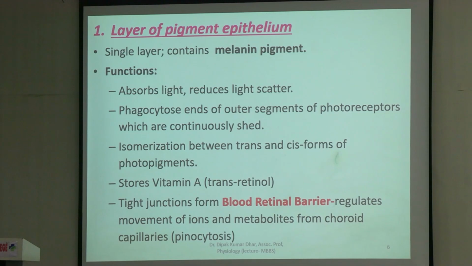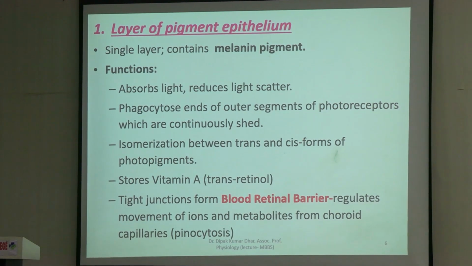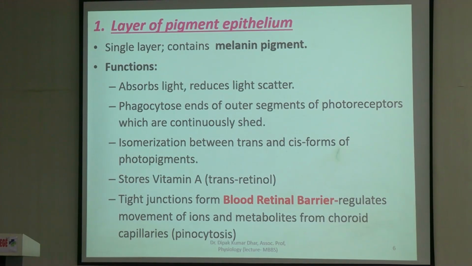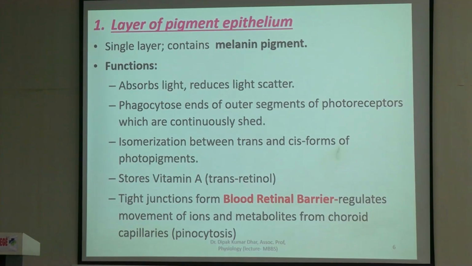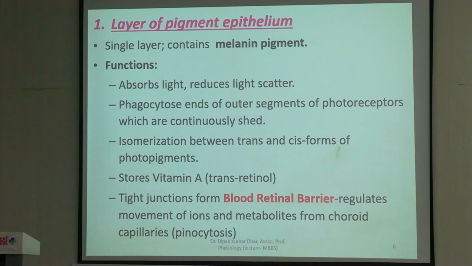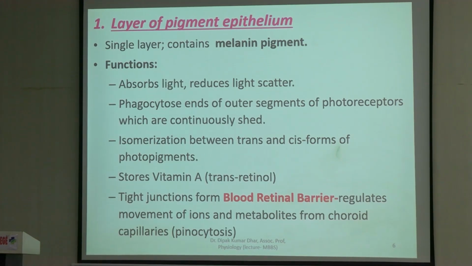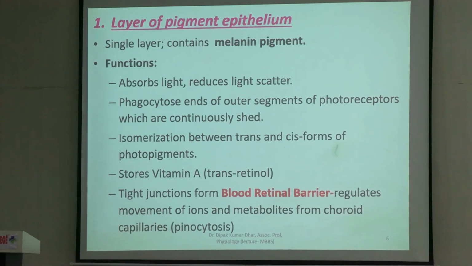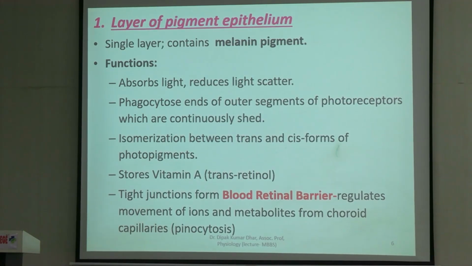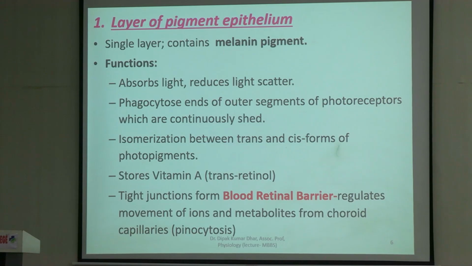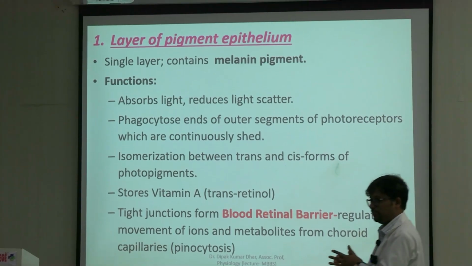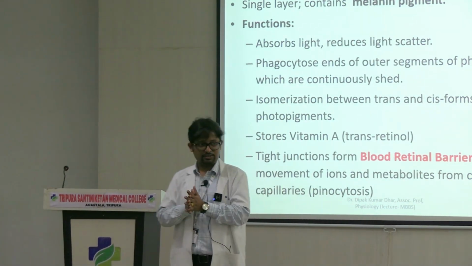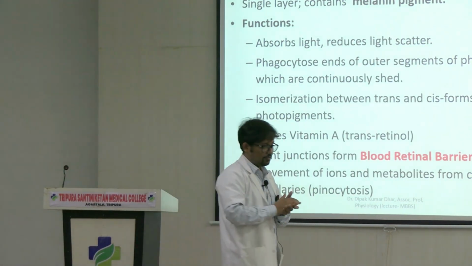What is the function of the pigment epithelium? The main function of the pigment epithelium is absorbing light. If light is not absorbed, it keeps on scattering and reflecting throughout the eyeball, and you will have glare. In the absence of pigments of the pigment epithelium, as happens in patients of albinism, they have glare and difficulty in observing things.